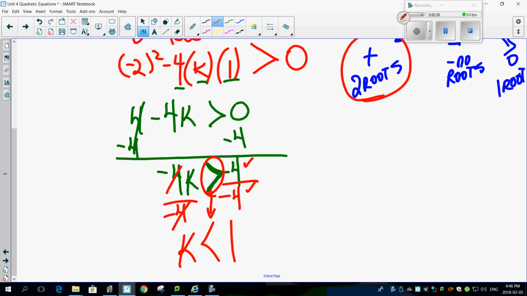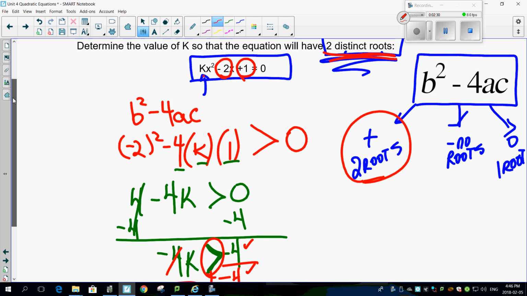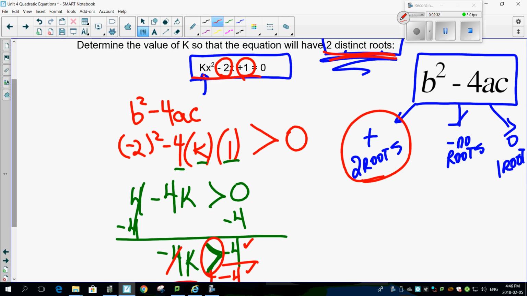But you know for a fact that if we're looking at the equation kx squared minus 2x plus 1, that k has to be less than 1. But can the k be 0? No, because if the k is 0, that term is gone and it's no longer a quadratic.